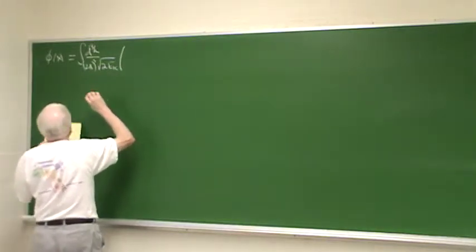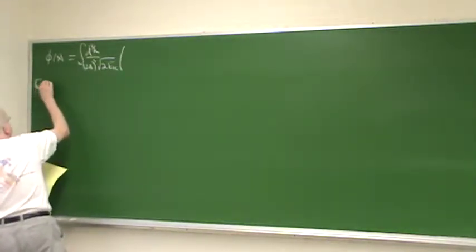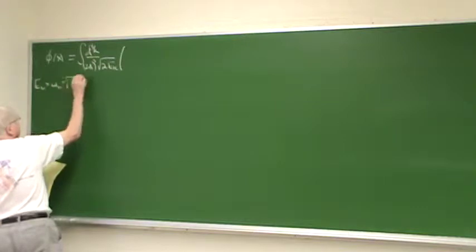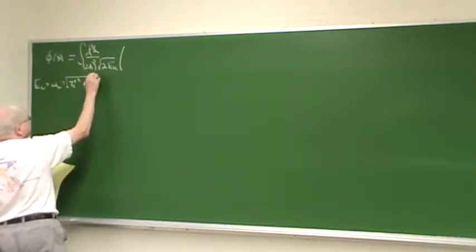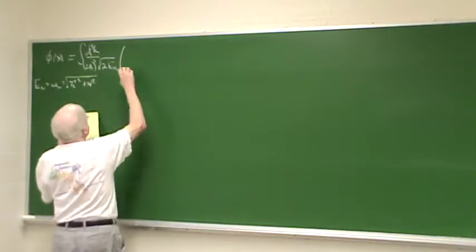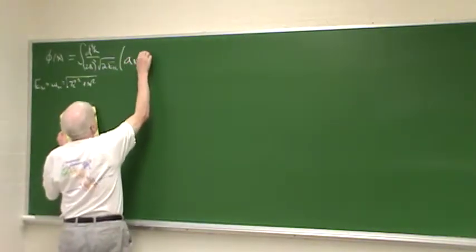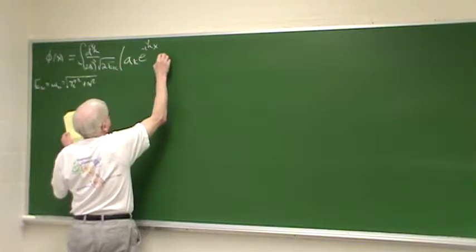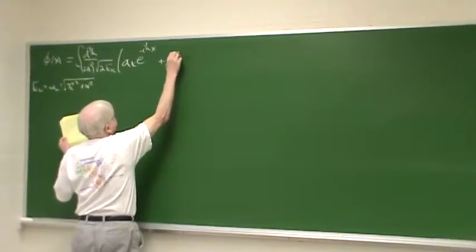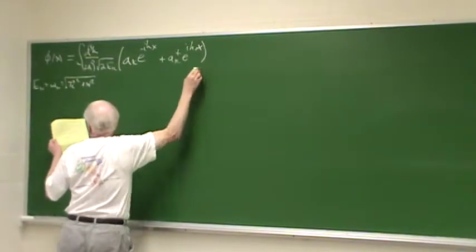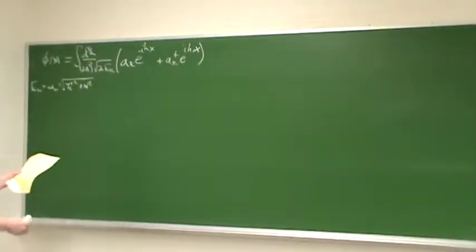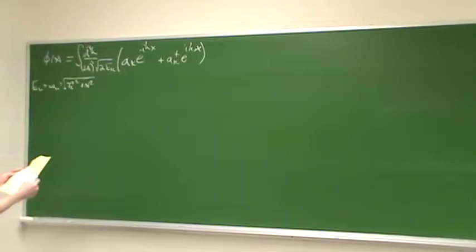Anyway, Ek, also known as omega k, is the square root of the momentum squared plus the mass squared. And then we have a_k e to the minus ikx plus a_k dagger e to the ikx.